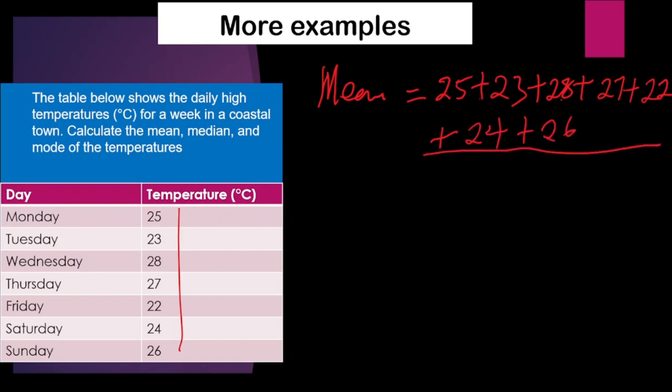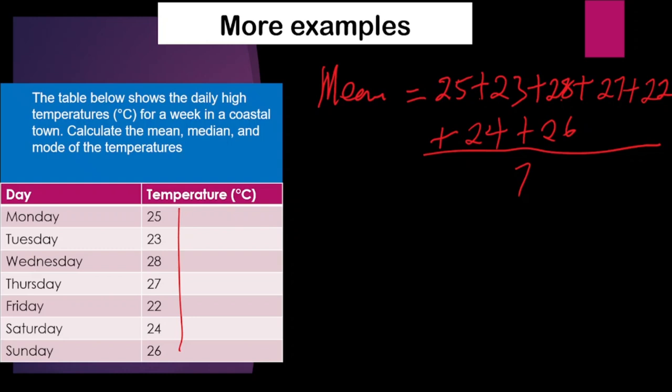Then we divide everything by 7 because we have 7 there. So let's add all this together.